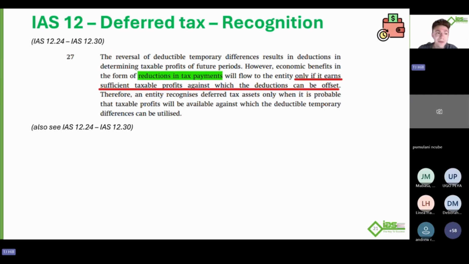SARS is not going to pay me that money back. It's an assessed loss and it goes away. You close up shop and you lose it. So you'll only get the benefit from that assessed loss, or these future tax deductions, if I have income to deduct it from. Do you agree?